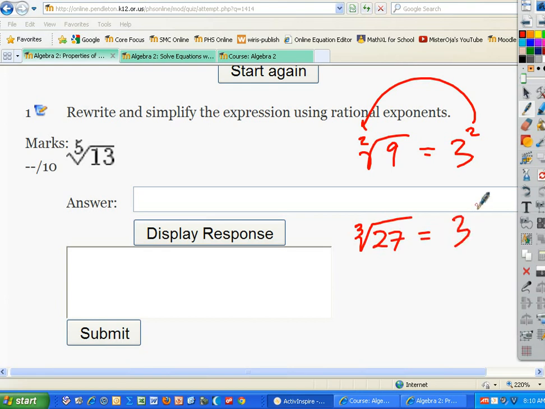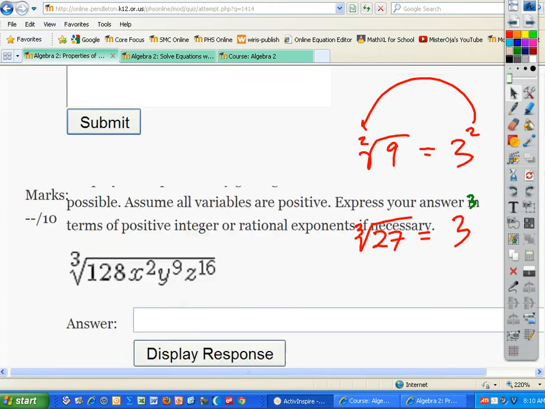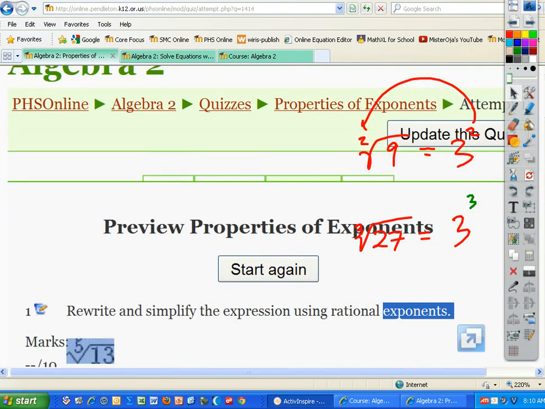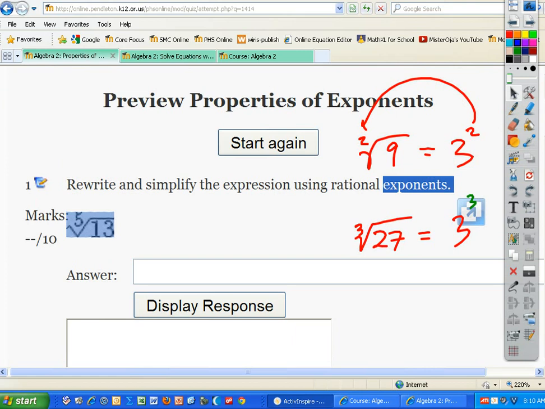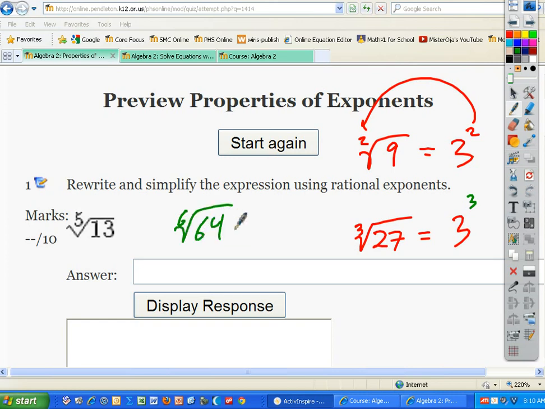Because 3 cubed is 27, right? You get the idea. So if I take a big root, it's no different than a small root. It just involves a larger power of a number.